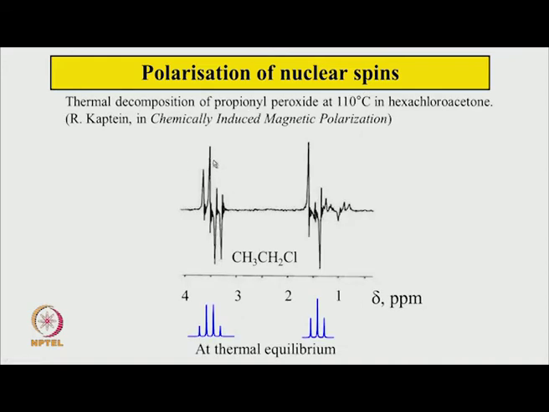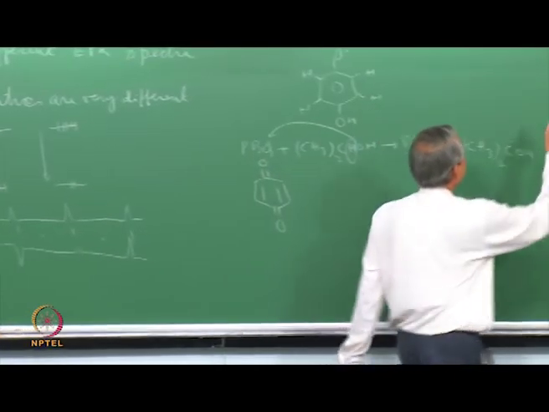Another example, here is the thermal decomposition of propionyl peroxide in hexachloroacetone. When it is heated, propionyl peroxide breaks down and does some chemical reaction to produce ultimately this molecule here, CH3CH2Cl. Now, the NMR spectrum of CH3CH2Cl should be very simple to predict.